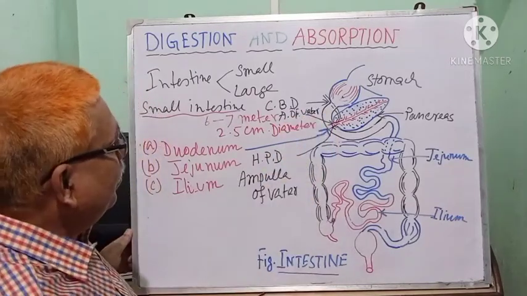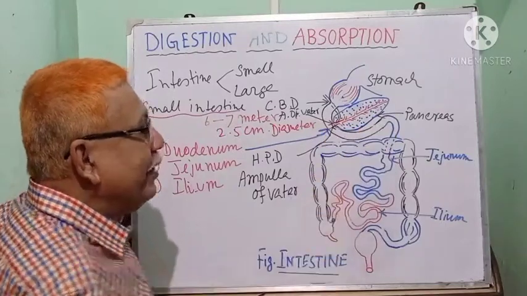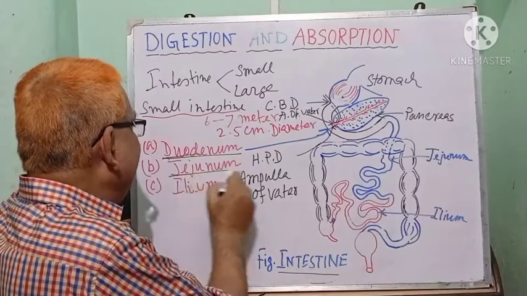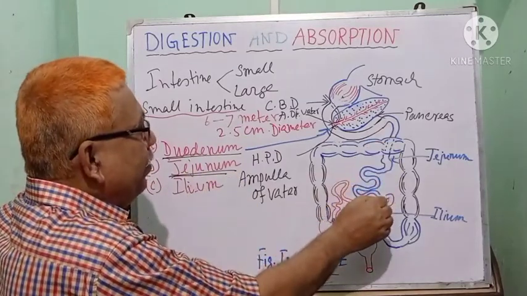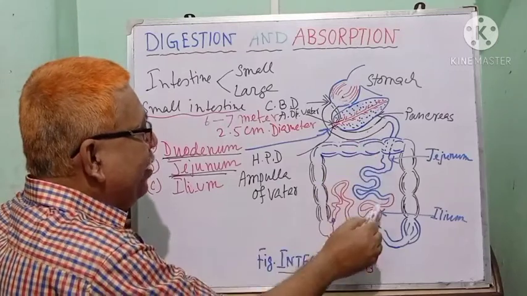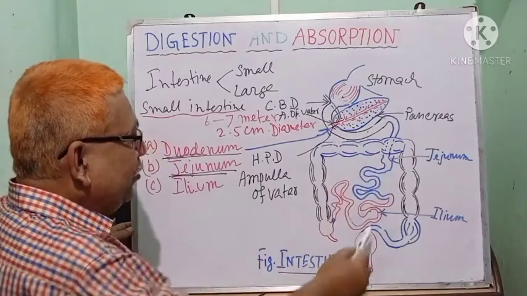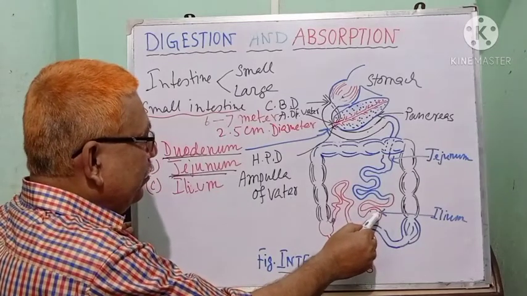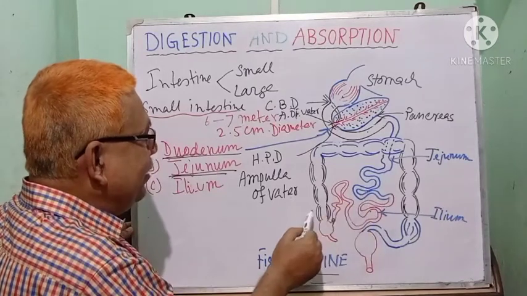Okay. And the duodenum is 25 centimeters in length. Next to the duodenum is the jejunum, that is in between duodenum and ileum. And next, the ileum lies in between the jejunum and large intestine.